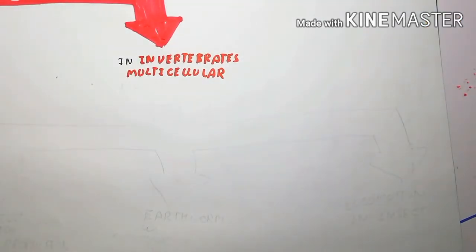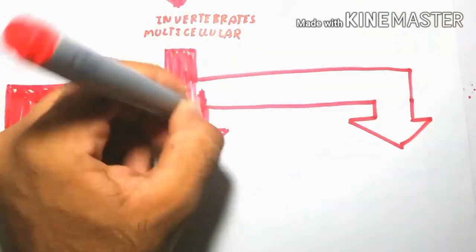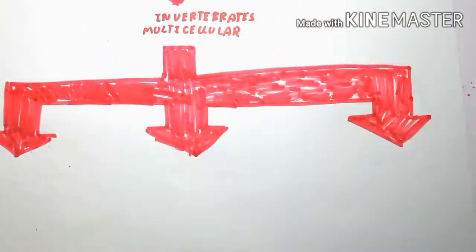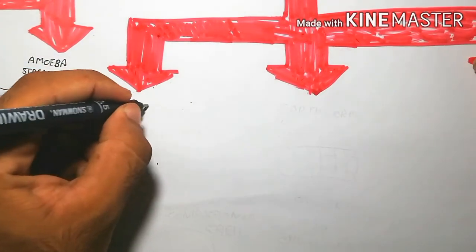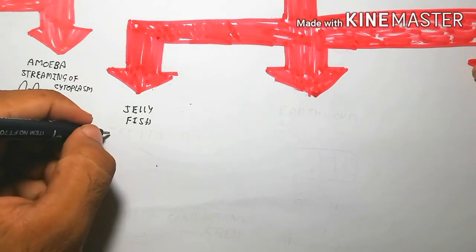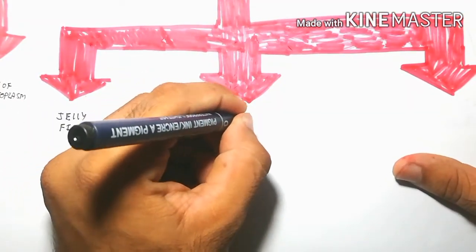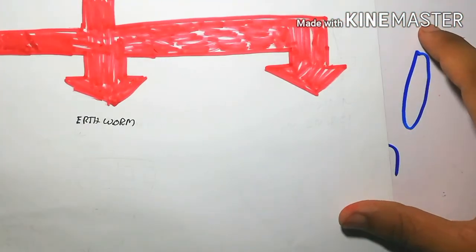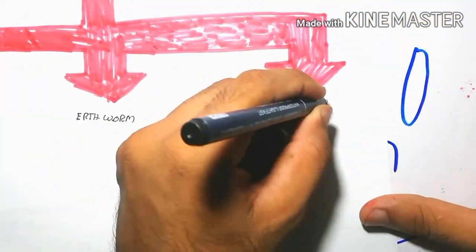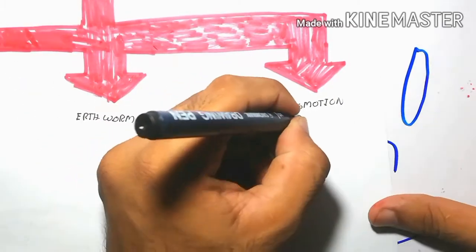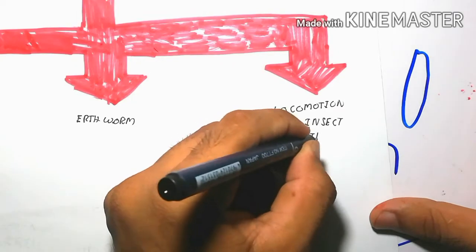So the multicellular organisms we can classify here, for example jellyfish and earthworm. Jellyfish are present in the water, and earthworms are obviously present underground in the soil, and then the locomotion in insects and snails.